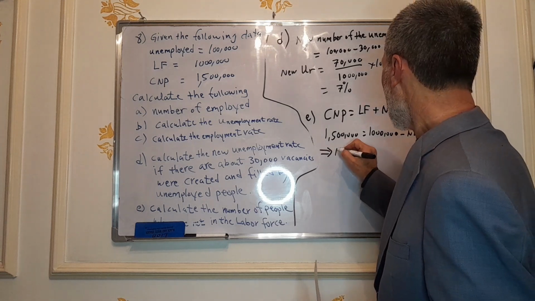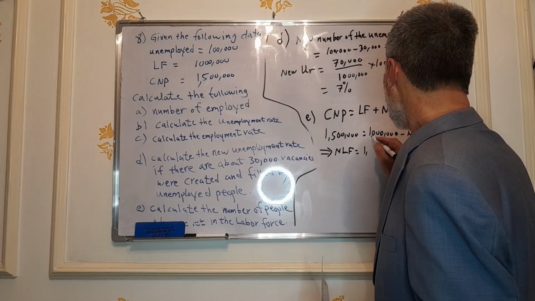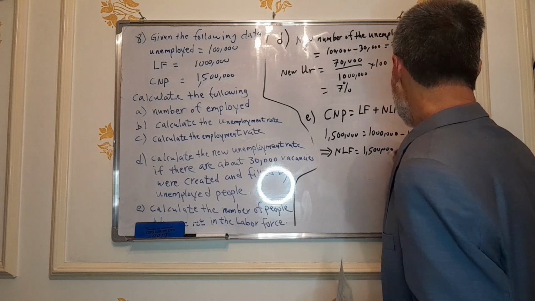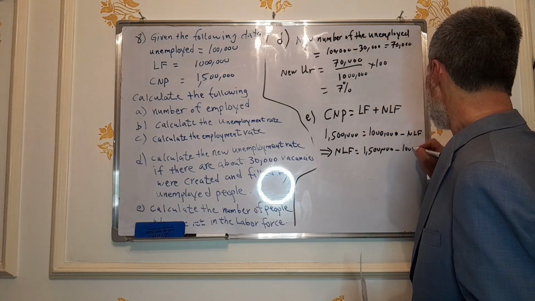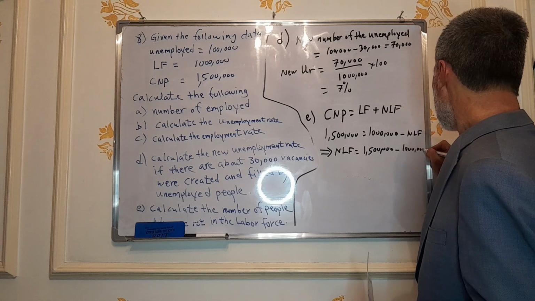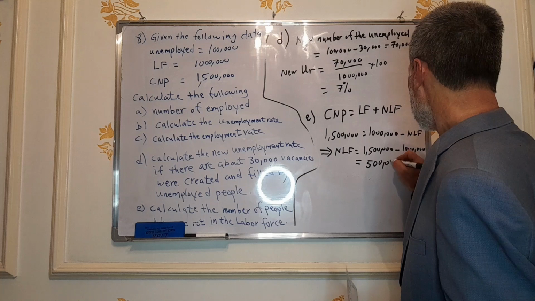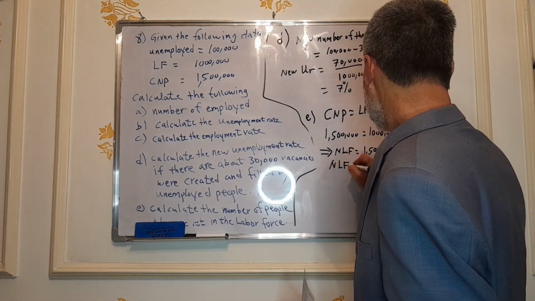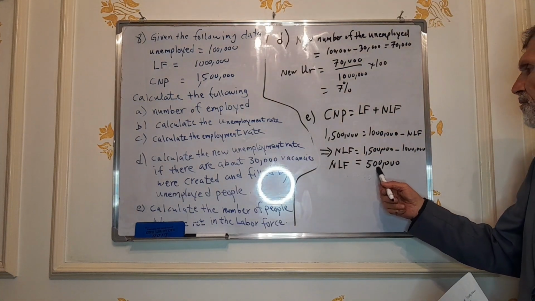Therefore, not in the labor force is equal to 1,500,000 minus 1 million, which is equal to 500,000. So not in the labor force equals 500,000.